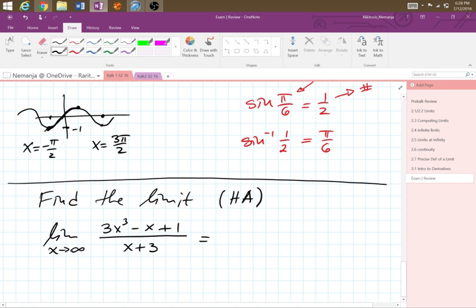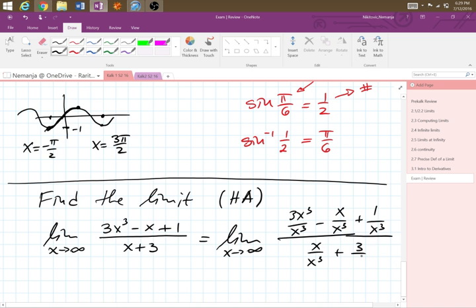So when you see this configuration, we learned in section 2.5 that we are supposed to divide every term in the numerator and denominator by the term with the highest exponent, in this case x cubed. So the setup is limit as x goes to infinity, and we are dividing 3x cubed by x cubed, minus x divided by x cubed, plus 1 divided by x cubed, and in the denominator x divided by x cubed plus 3 divided by x cubed.